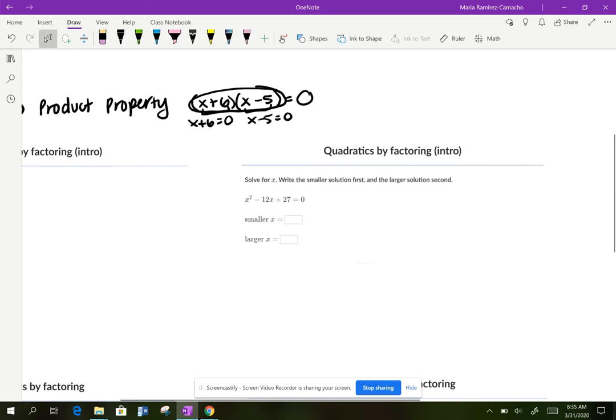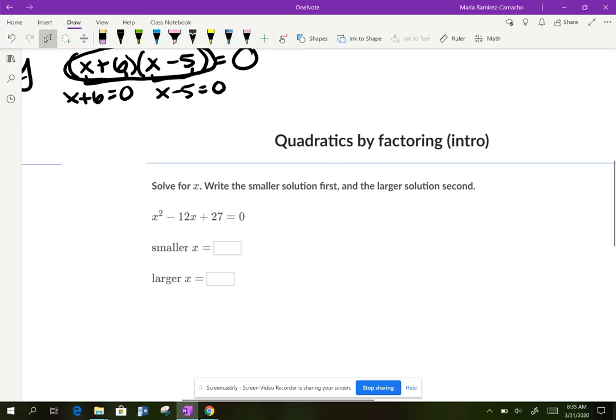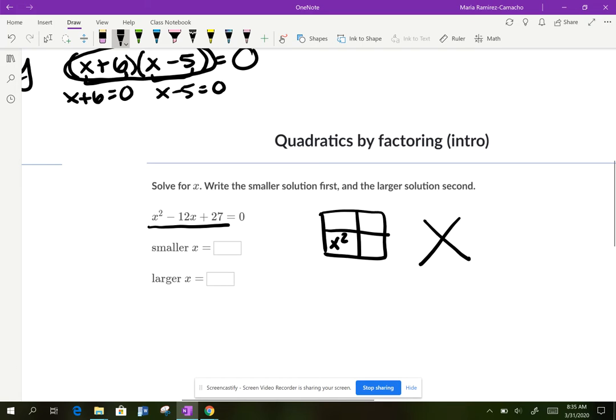So here's what I mean. I'm going to start with this example over here. Okay, first let's factor x squared minus 12x plus 27. So as normal, do your generic rectangle and your diamond. I'm going to go through this a little bit quickly.